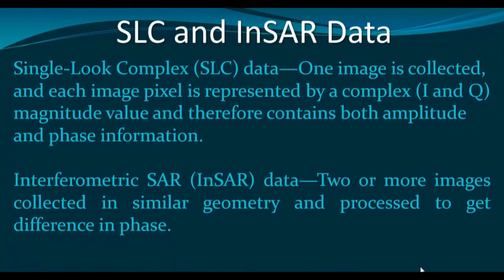I mean, two or more SLC data can generate interferometric SAR data. However, if we want to get the interferometric SAR data, the sensor needs to be configured. For that purpose, I shall discuss later.